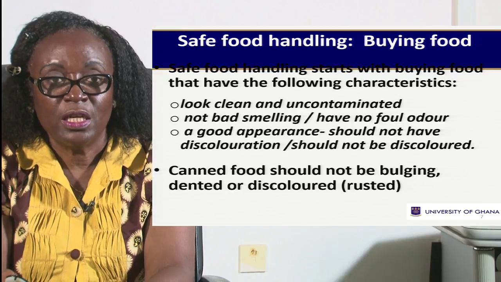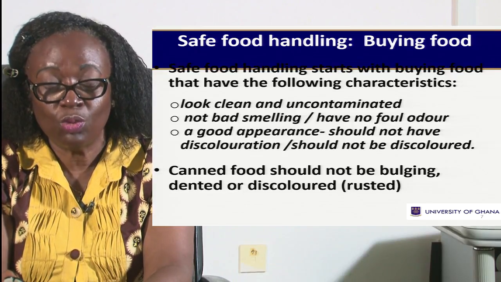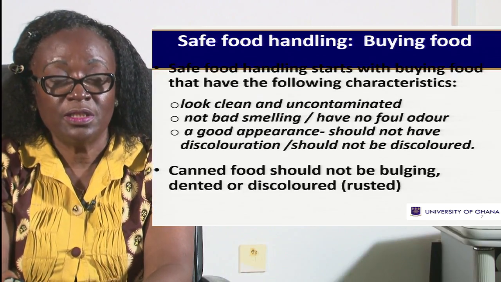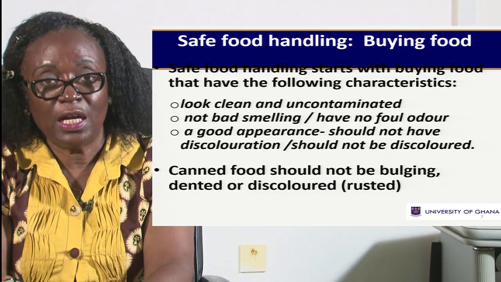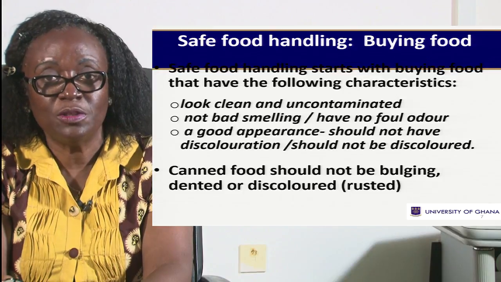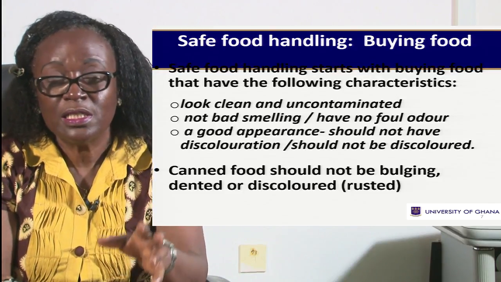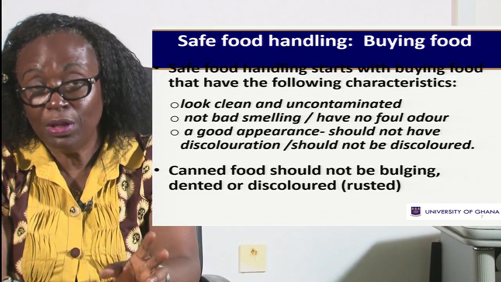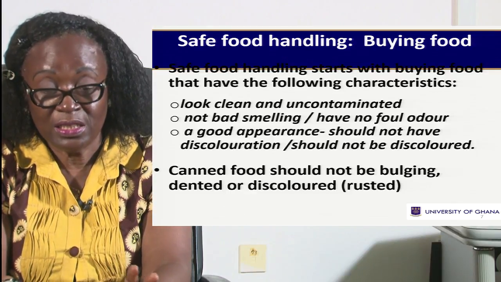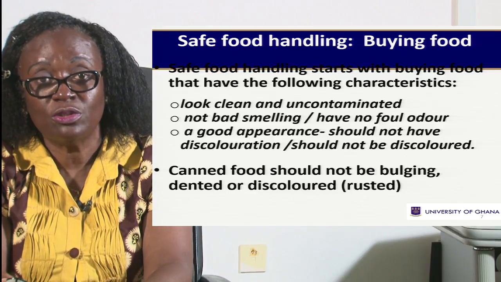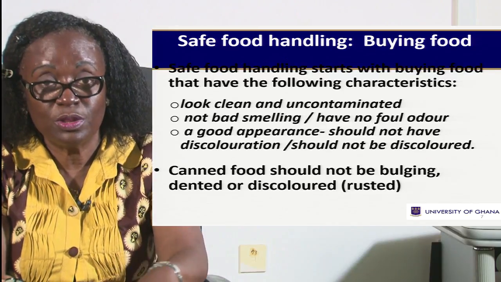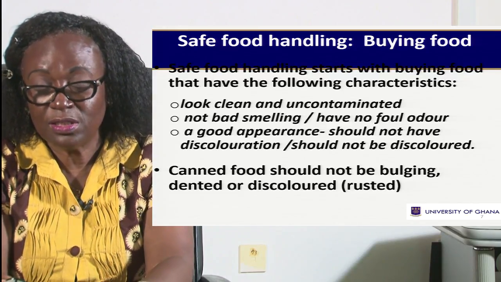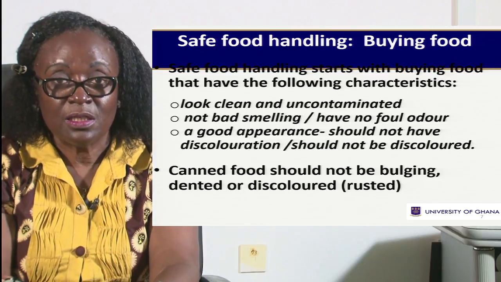For canned goods, one should watch out for bulging. What I have observed in Africa, I've been to Nigeria, I've been to Sierra Leone, is that when the cans are bulging, that is when we see the woman ringing a bell and saying that it is cheap. That is telling us that the food is not good, because for any canned good, the can should be flat and smooth. That is different from a dent.